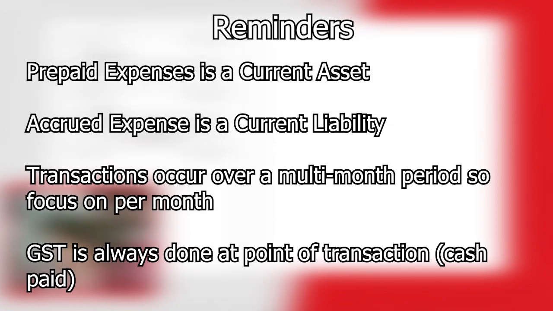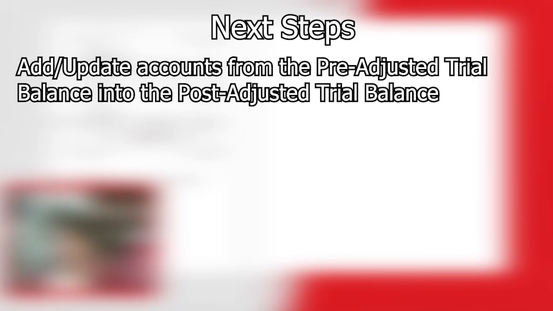So what next? I would say any transaction or how I would tackle these type of questions, I would add any transaction into the pre-adjusted trial balance. So you get your pre-adjusted trial balance at the start. You are then going to add it into that and make a post-adjusted trial balance. Using that post-adjusted trial balance, we're going to create our reports.